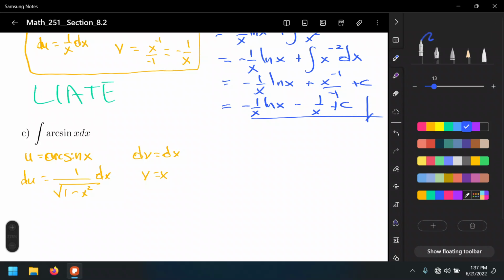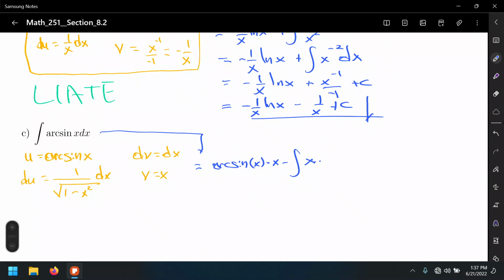So, okay, let me write it over here. This is equal to u times v, which in this case is arcsine x times x, minus the integral of v, which is x, times du, which is 1 over the square root of 1 minus x squared dx.